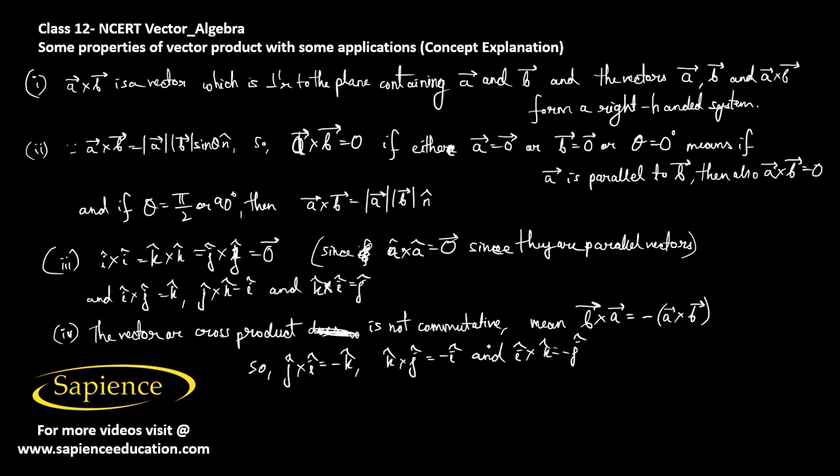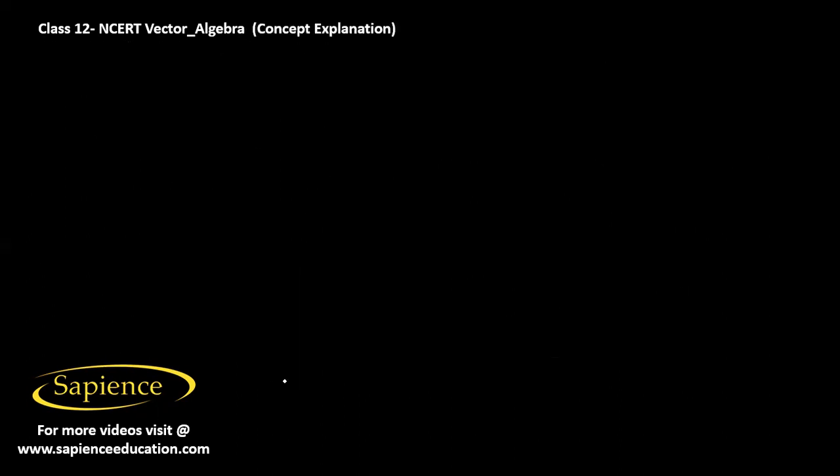And the vector product will also follow the distributive rule, that is the fifth property.